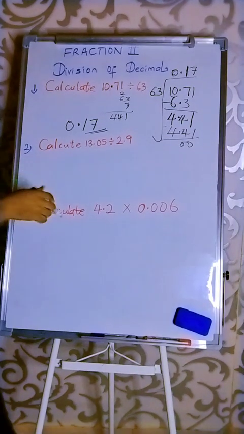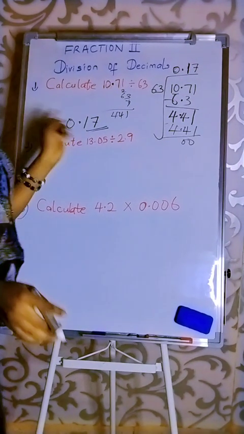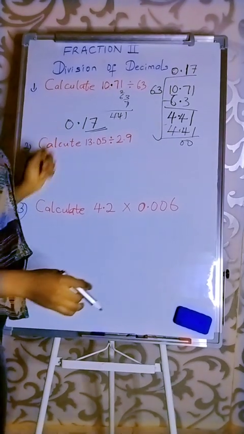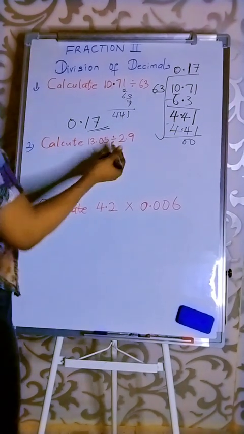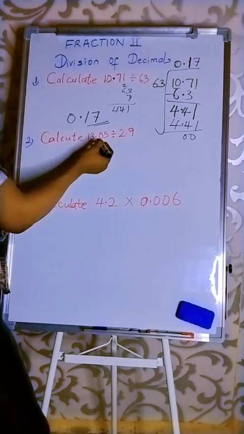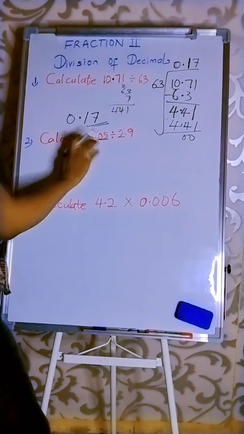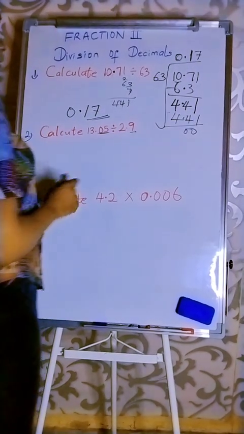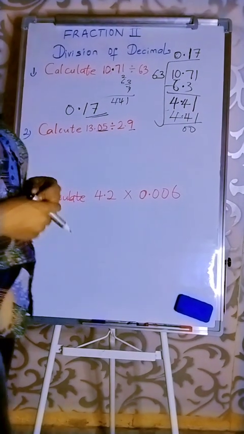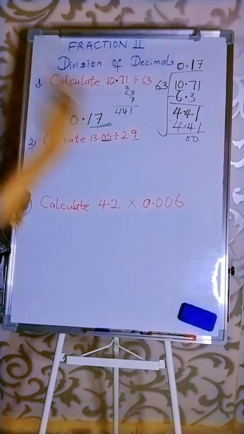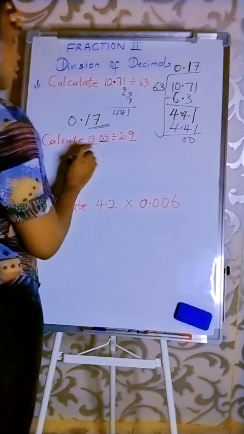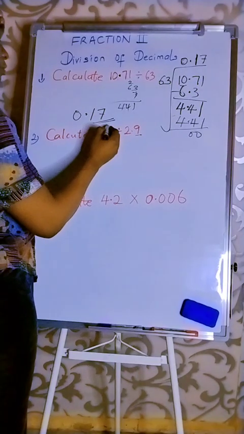So the second one, we have 13.05 divided by 2.9. When you notice, after the decimal point in 13.05 we have two numbers, but in 2.9 we have only one number. So for you to avoid mistakes, you round up. So how many decimal places are here if you count? 1.